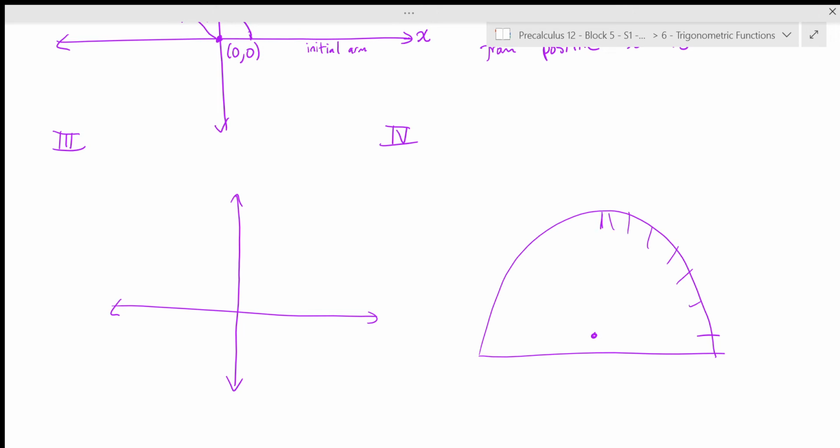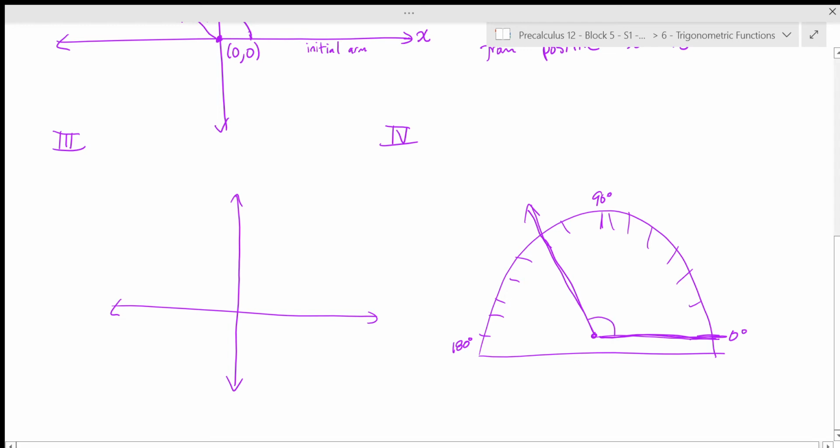Up here at the top is 90 degrees. All the way around down here is 180 degrees. And we start here at 0 degrees. So a protractor would measure an angle based on placing the initial arm down here and then the terminal arm up here, which would allow you to get this round measurement for how many degrees the angle goes through.